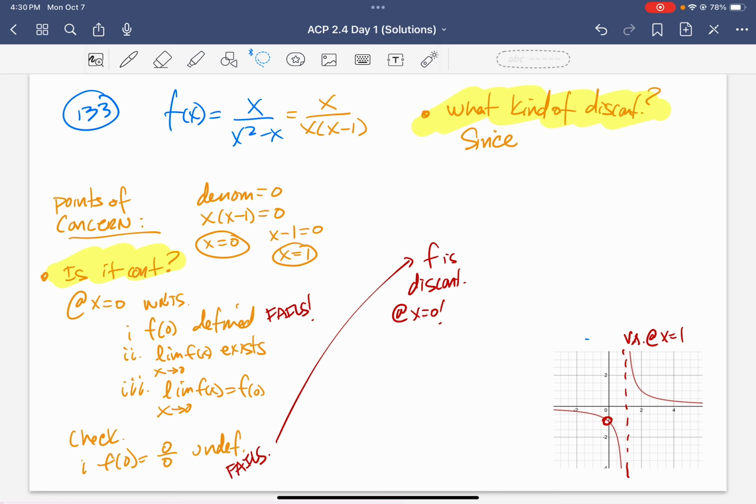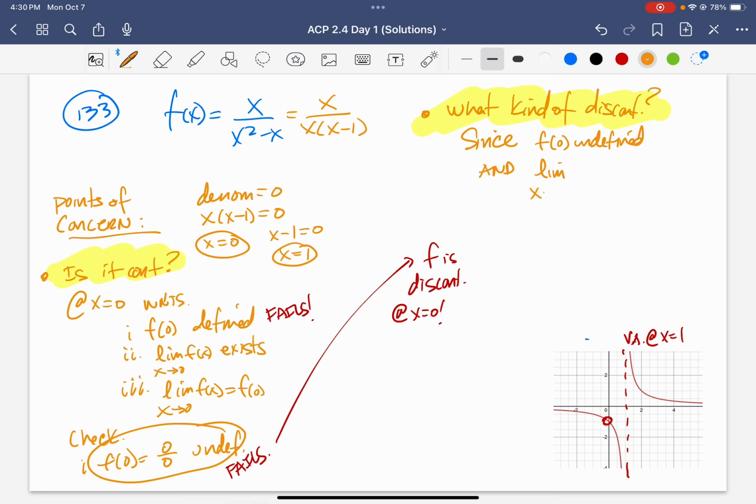What discontinuity is it? Well, since the limit, so we've already shown that the function is undefined at that point. Since f of 0 is undefined, and the limit as x goes to 0 of my function, x over x squared minus x, is equal to the limit as x goes to 0 of x over x times x minus 1.